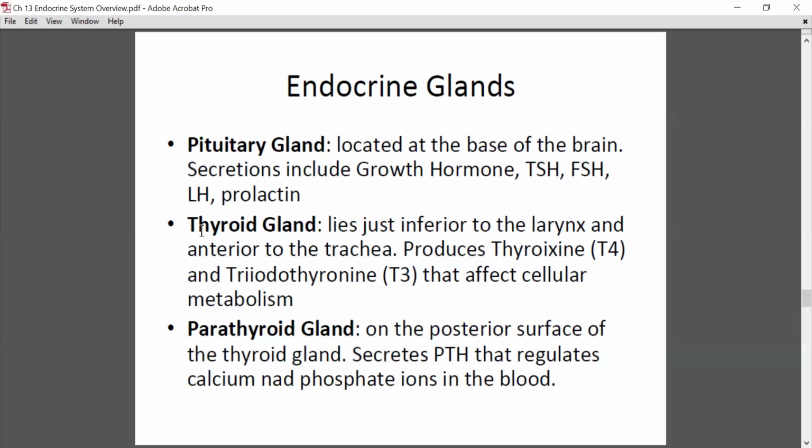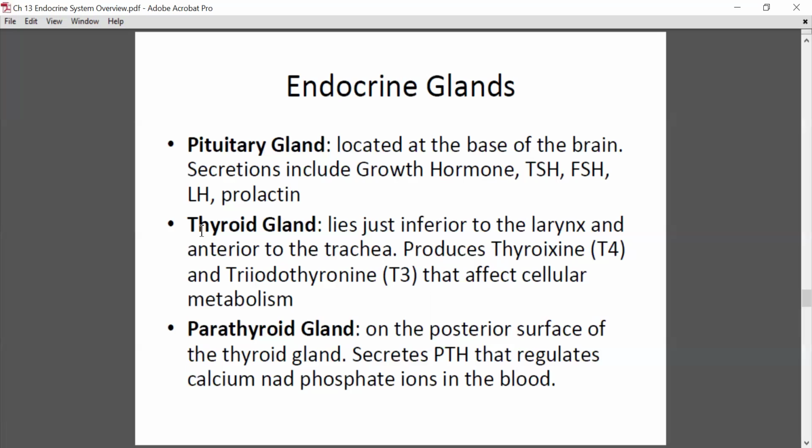Parathyroid hormone. Remember, para means near or next to. The parathyroid gland, I meant to say parathyroid gland. The parathyroid gland sits on the posterior surface of the thyroid gland. So it's a separate gland, but it is located on the back side of the thyroid gland, even though it's two completely different glands.